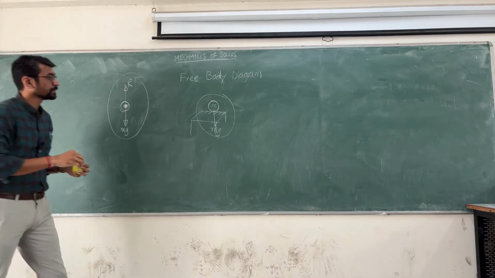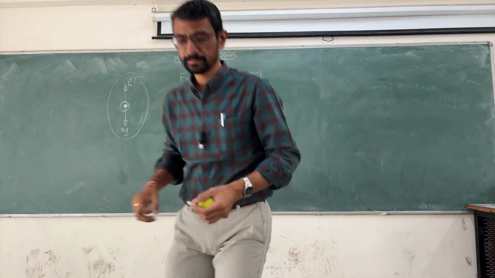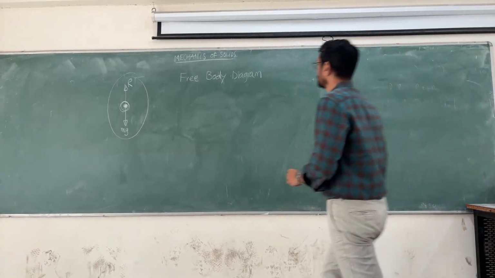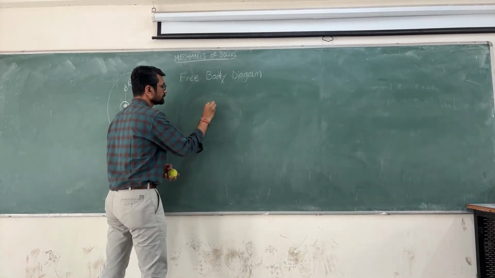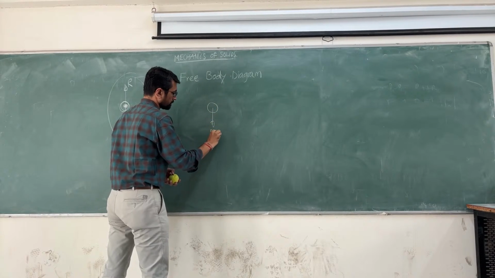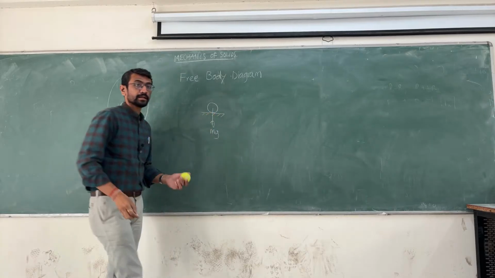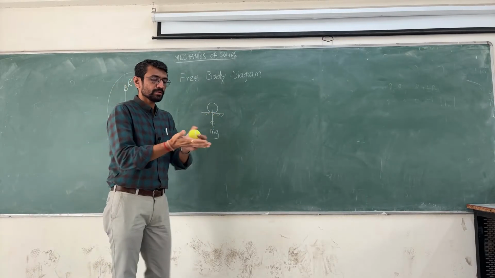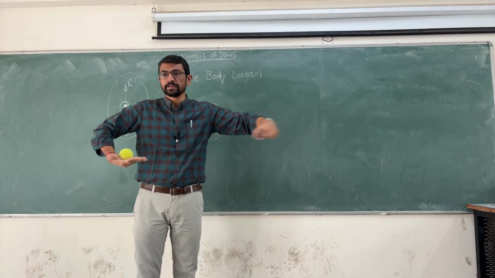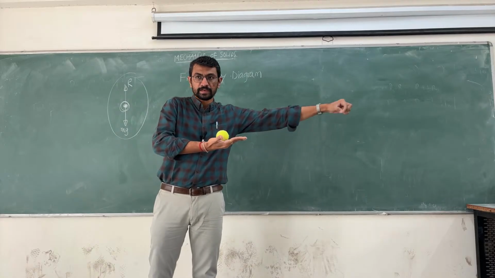Now suppose same thing, same ball, table, right? Now someone is pulling this ball this side, it is a big table, and someone is pulling this ball from this side.